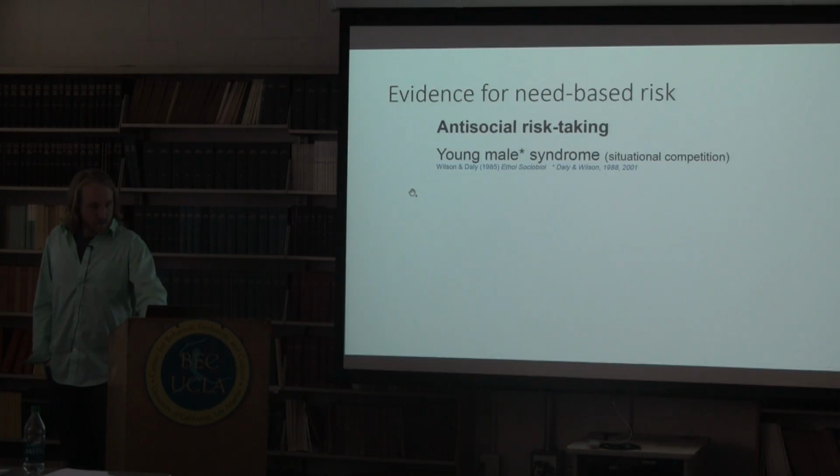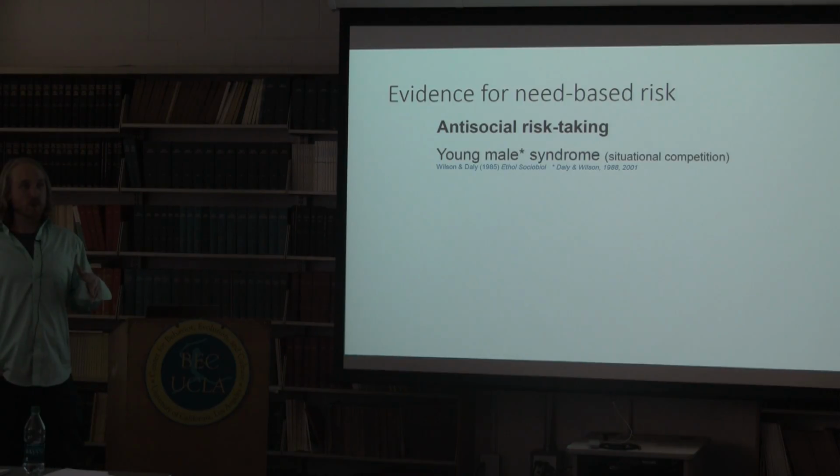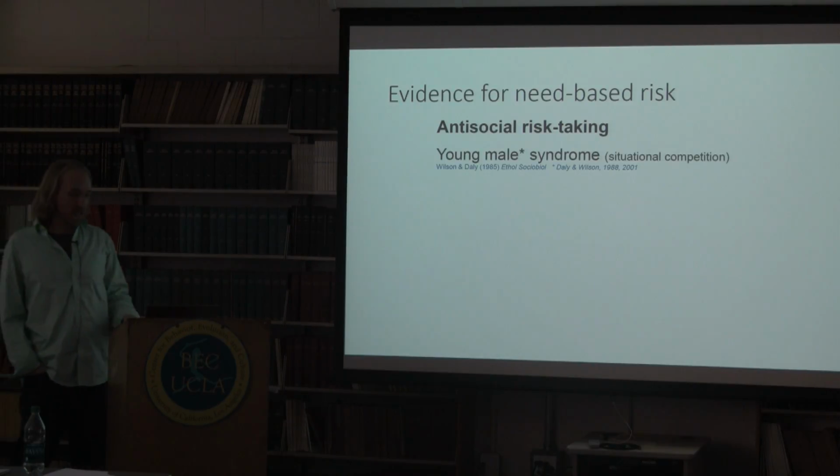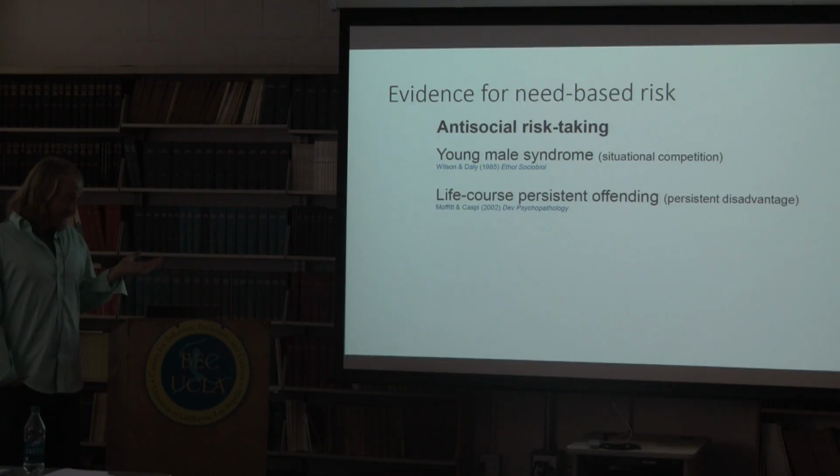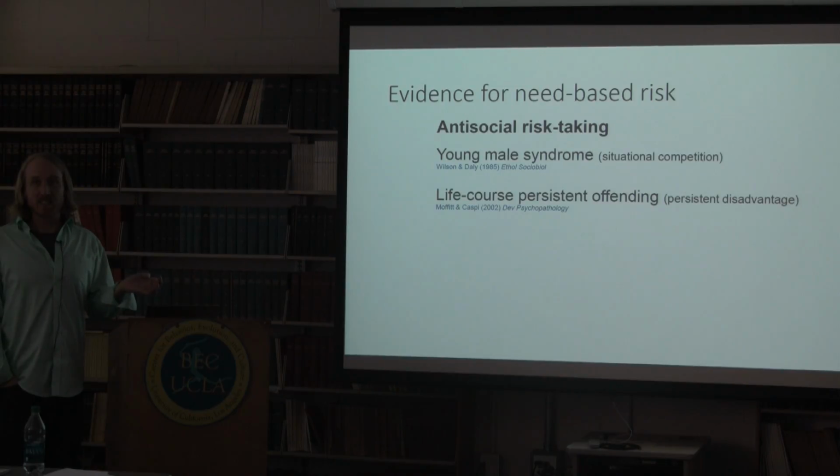So that's one life course pattern of antisocial behavior, the early life delinquency followed by early adulthood steady decline in risk-taking. There is another pattern of delinquency called life course persistent offending, the people that are just bad their whole lives. A lot of these cases look like people who face persistent disadvantages.